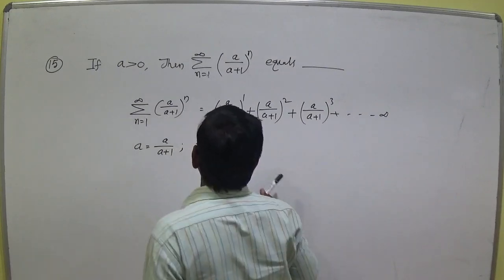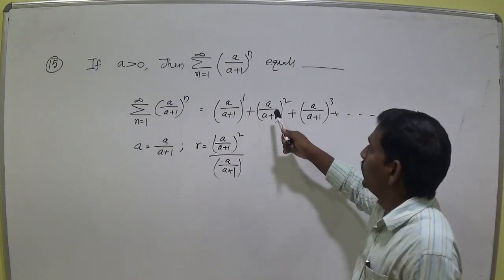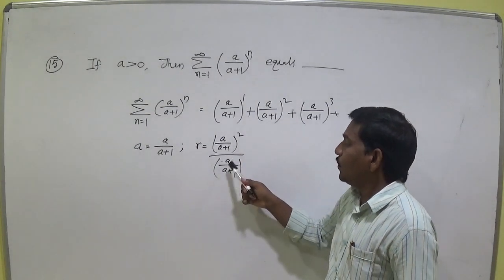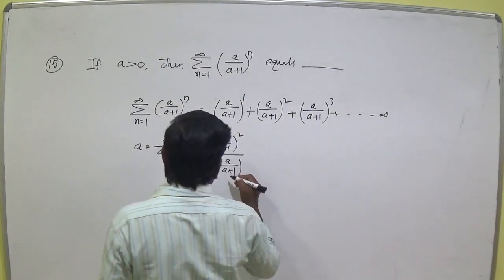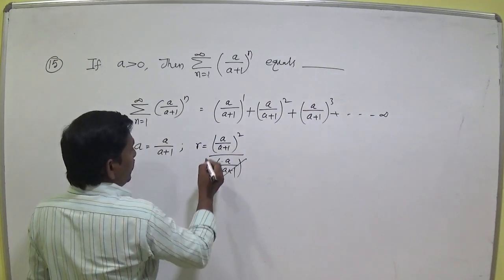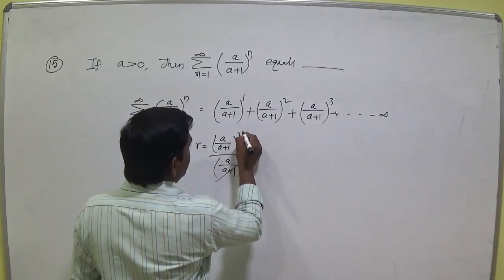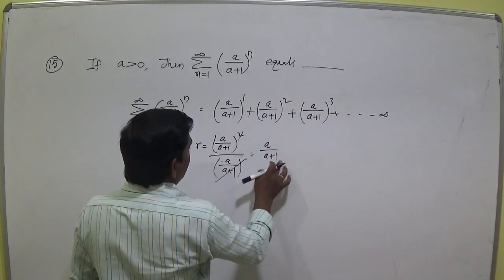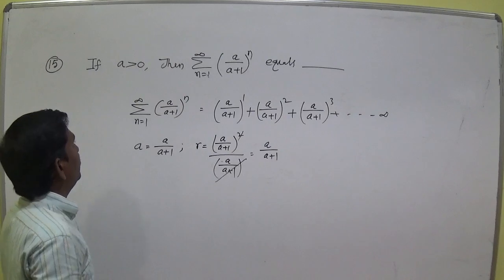What is the r? A by a plus 1 whole square by a by a plus 1. A by a plus 1 cancelling one time, and r equal to a by a plus 1. Here a and r are equal.